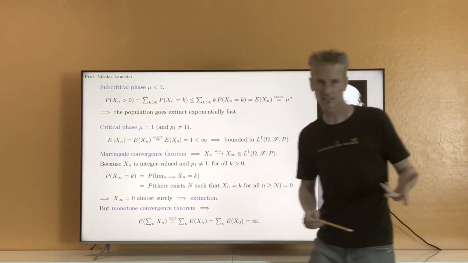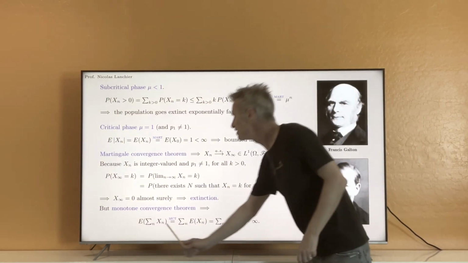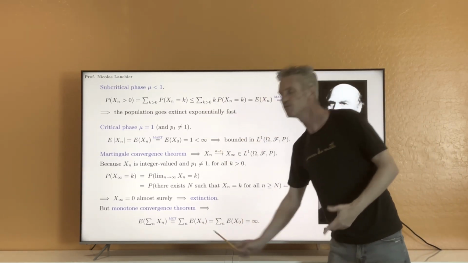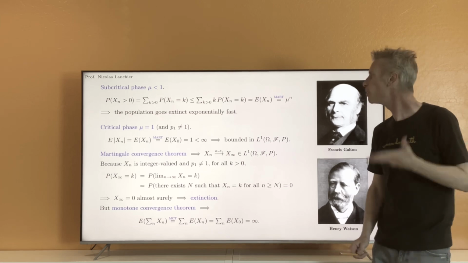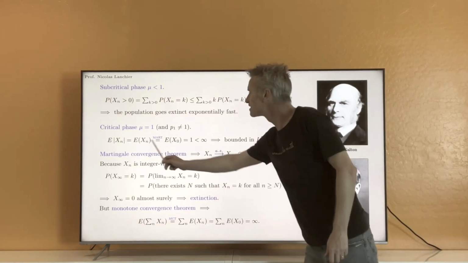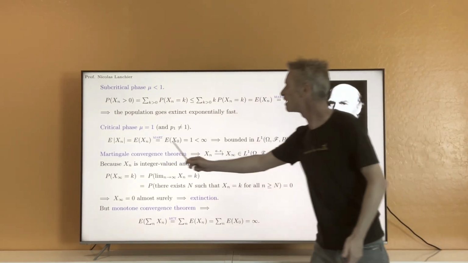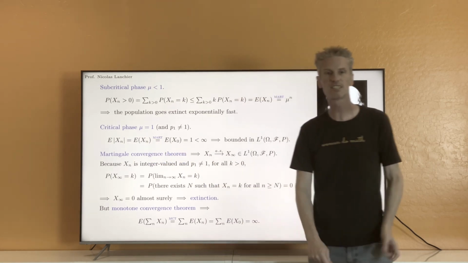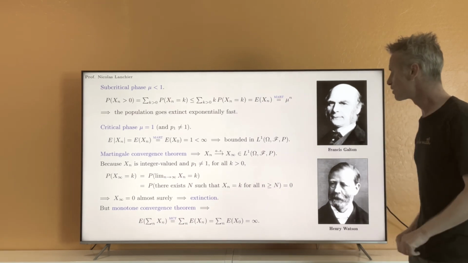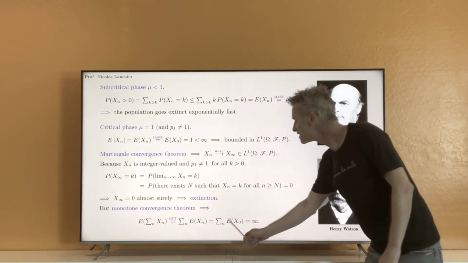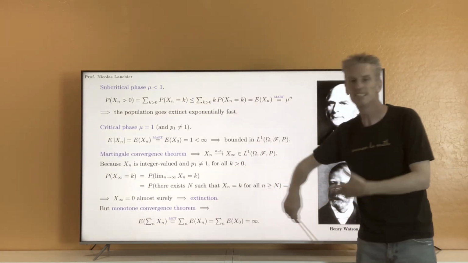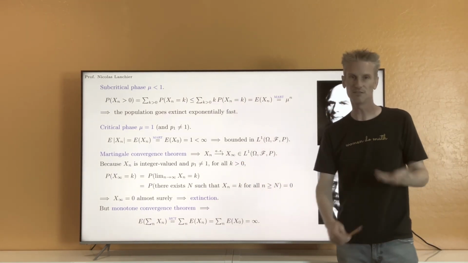Then you can use the monotone convergence theorem and say that the expected value of the infinite sum is equal to the infinite sum of the expected values. But it's still written here because you have a martingale. The expected value of Xn is equal to the expected value of X0, which is 1. So this is in fact an infinite sum of 1s, so that's equal to infinity.